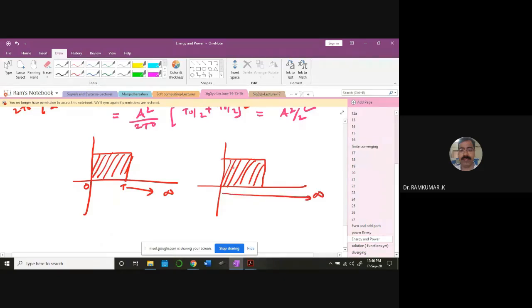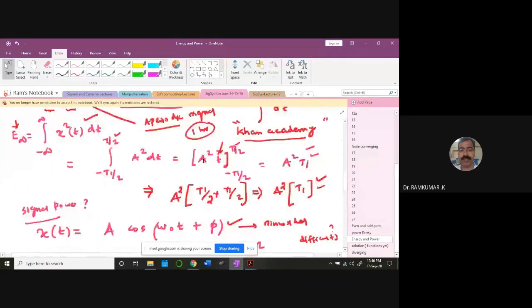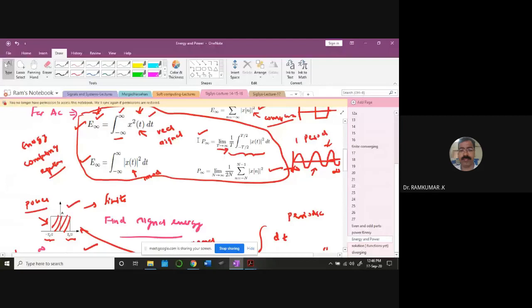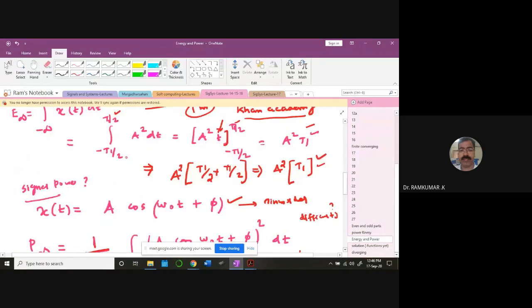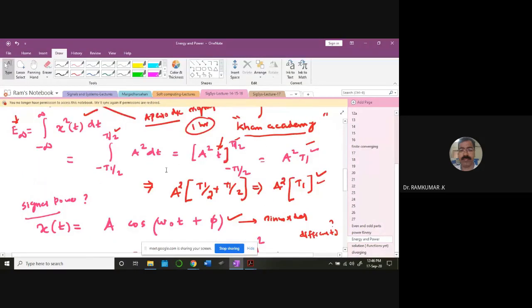In that case, automatically, if I average it out to infinity, it is all going to come down to 0. The same area is going to become 0. So easily you can visualize that. That's why I put T tends to infinity here. Remember, this is what this signal is. T tends to infinity. But this T tends to infinity, we are not using it for the periodic waveform. Why?